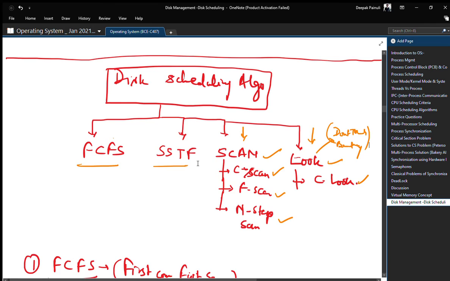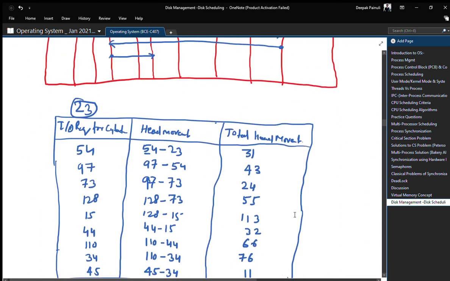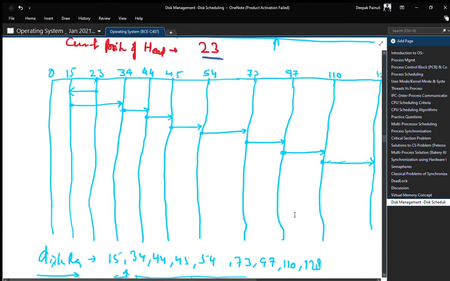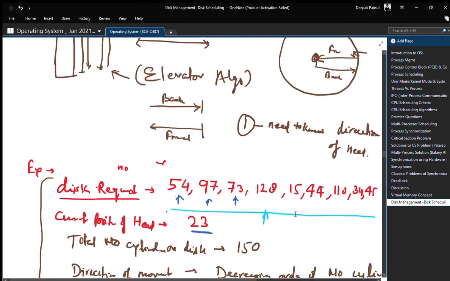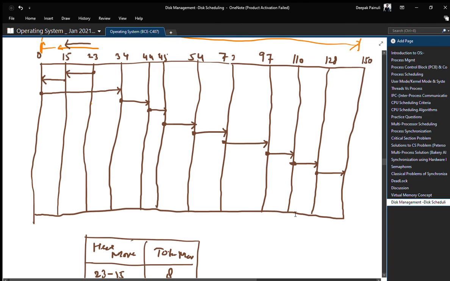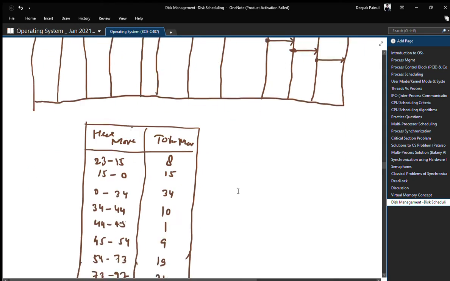So this is all about disk scheduling algorithms. I think you understood it. Try to solve more and more numericals on this, because until you solve numericals on your own, you won't understand the difference between them, right?